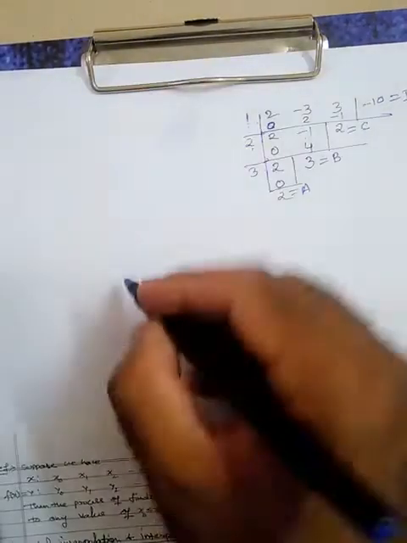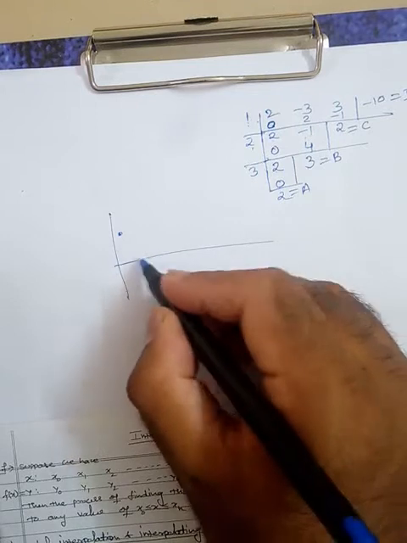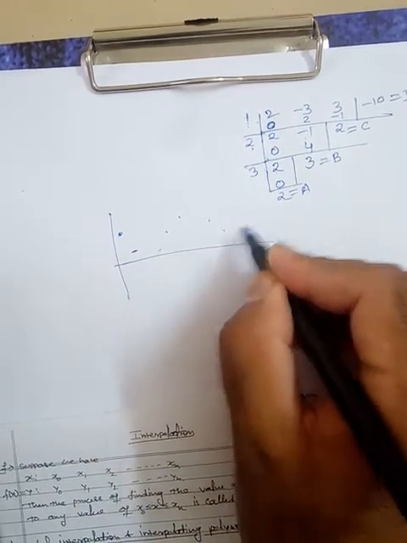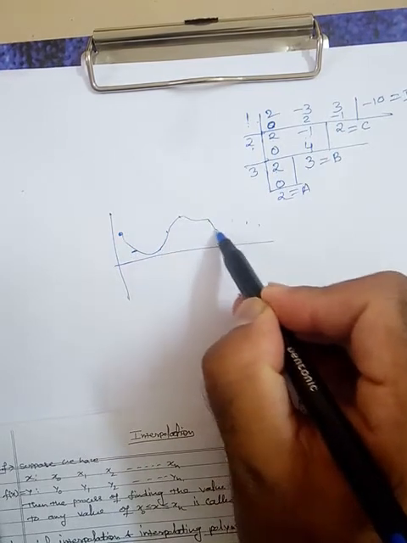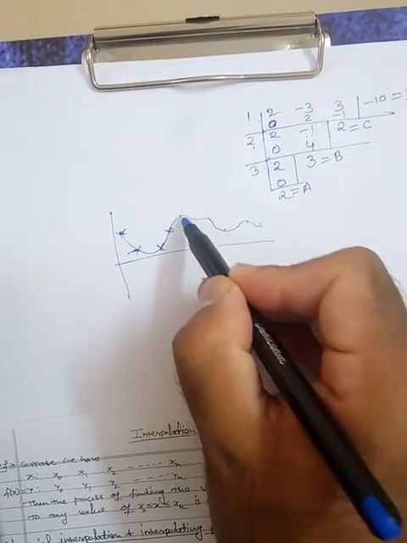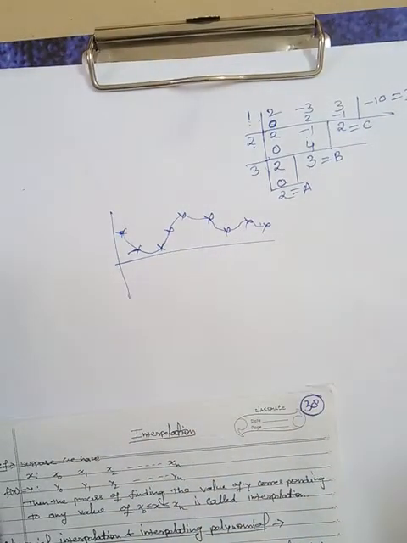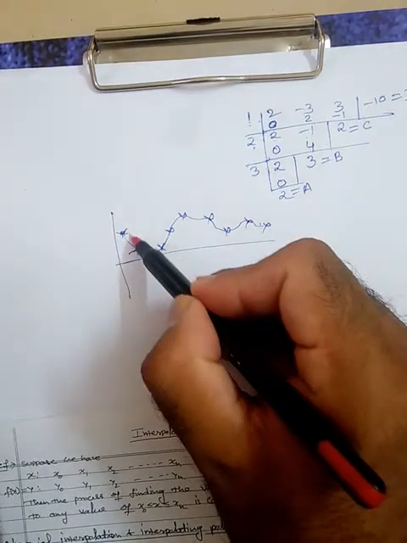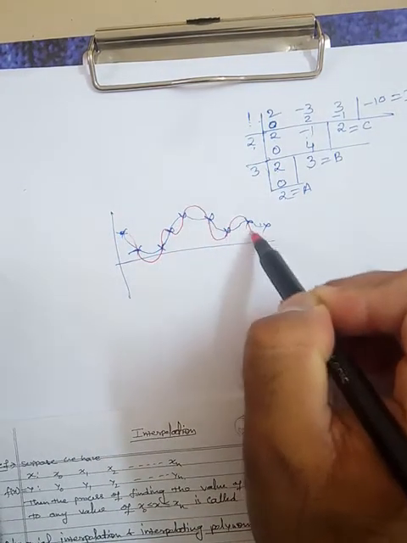Interpolating polynomial means, suppose this is the data pattern, and if this is the actual curve, these are the values. Now the aim is to find out a new function which is an approximation of this.